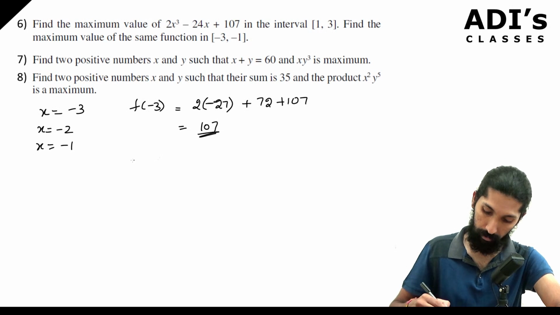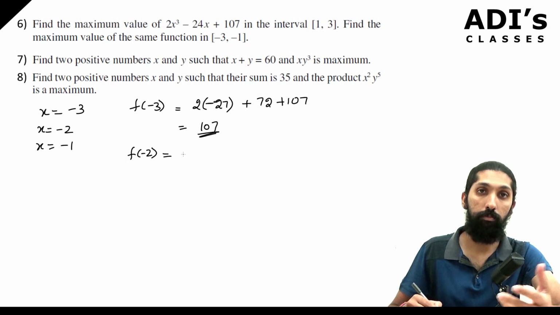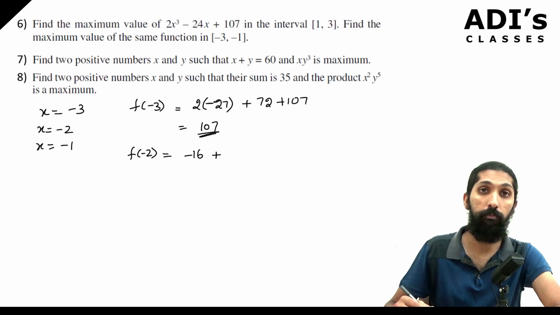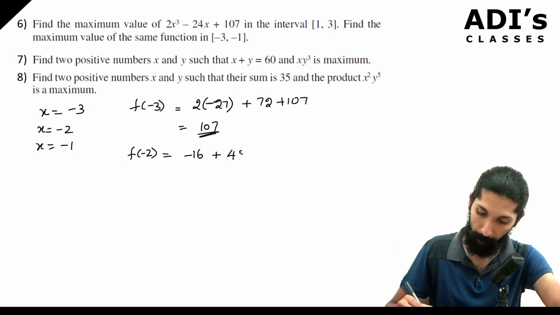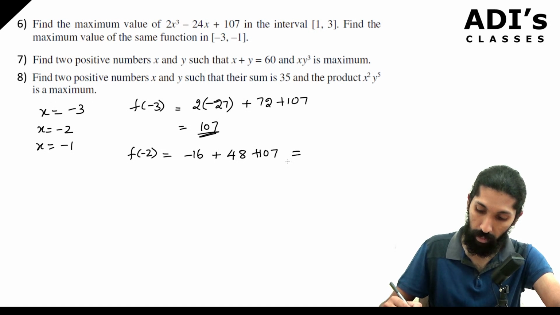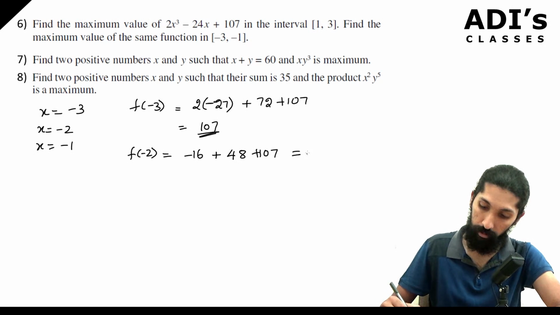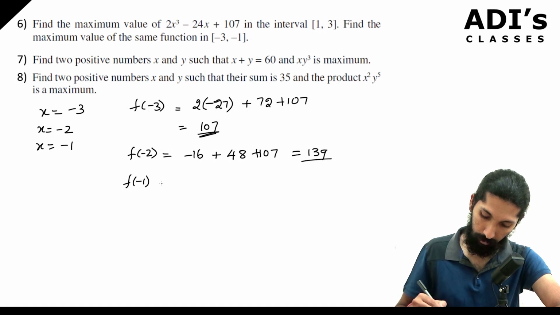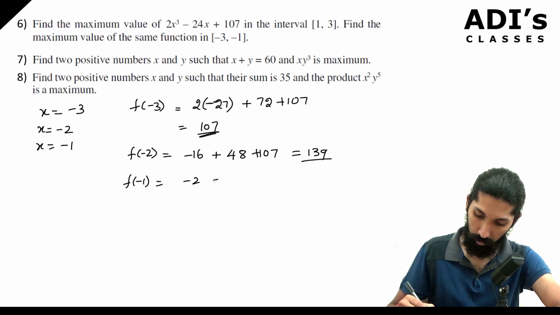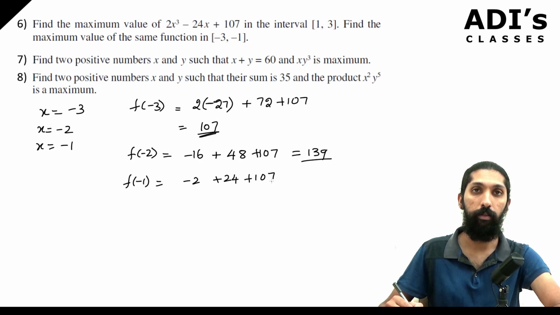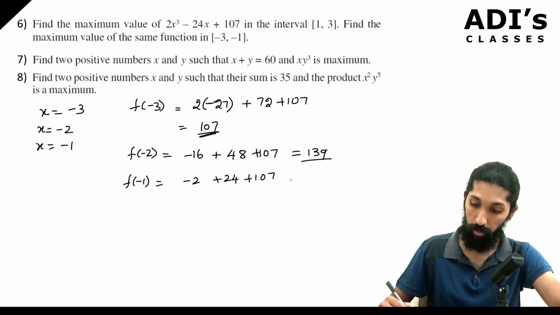Next, f of -2 is going to be 2 into minus 8, which is -16, plus 24 times 2, 48, plus 107. Correct? And the value is 139. All right. Then f of -1, which is -2 plus 24 plus 107. Right? And this is 129.